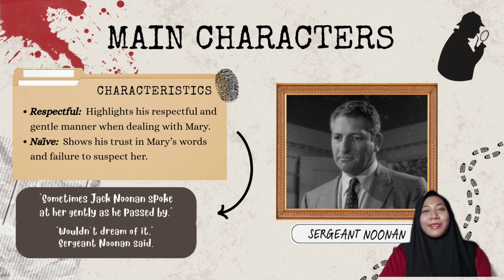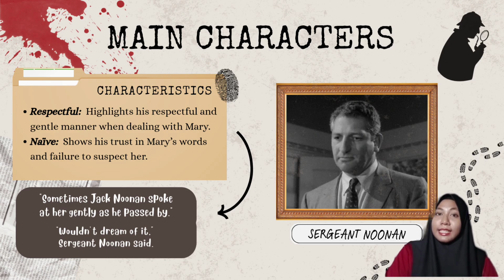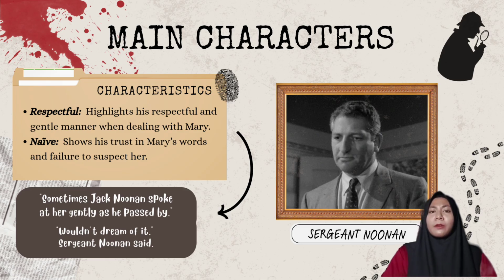For the second character, we have Sergeant Jack Noonan. Sergeant Noonan is the sergeant in this story who leads the case of Patrick Maloney's murder, with a very respectful personality. On page 7, line 16, it clearly tells that Sergeant Noonan tries to speak gently with Mary Maloney because of what just happened to her husband.